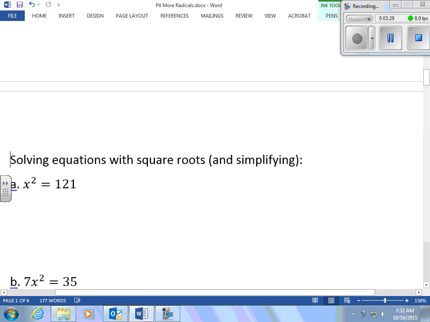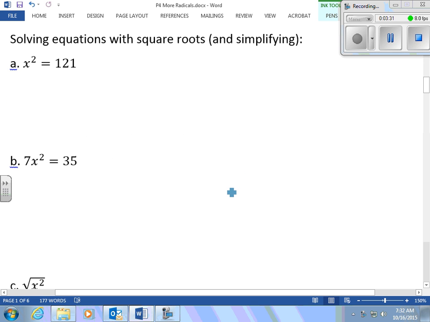So when we're solving an equation that has square roots in it, or if we're simplifying, and we're going to do a few simplifying things as well, it's important to recognize that, for instance, in A here, there are two possible values for x. There are two different numbers that if I square them will give me 121.